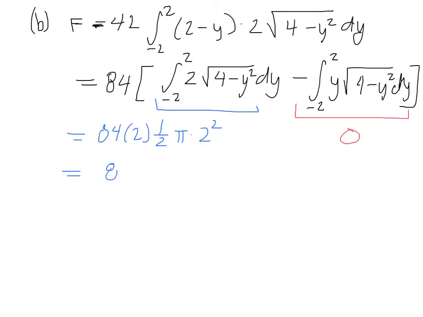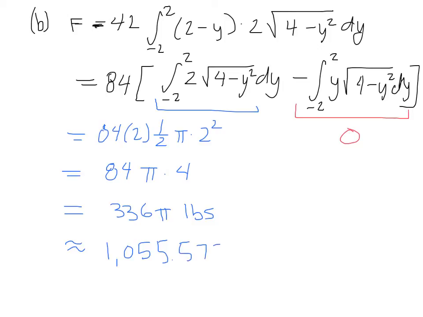So that's 84 pi multiplied by 4, which gives us 336 pi pounds. And that's about equal to 1,055.575 pounds.